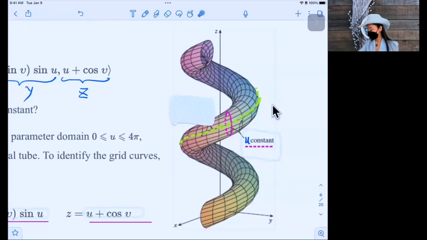And when you keep this V constant, it's going to be a spiral up like this. If you draw all those grip curves, you can see the grip curves actually help you visualize the surface a little bit better.